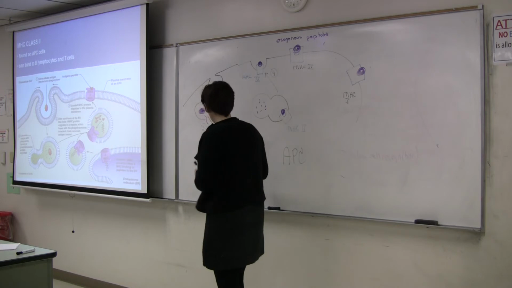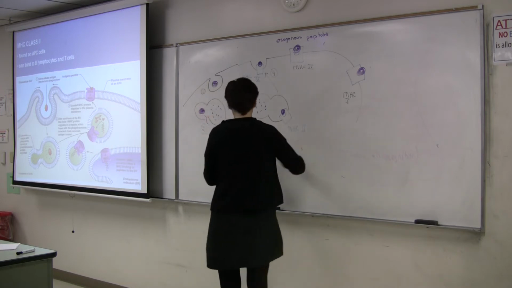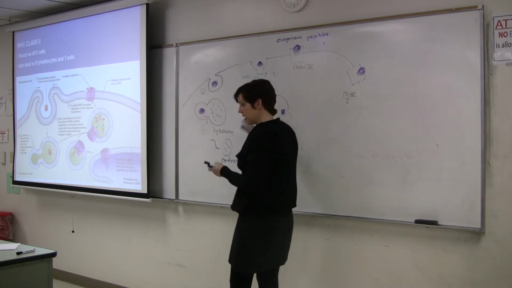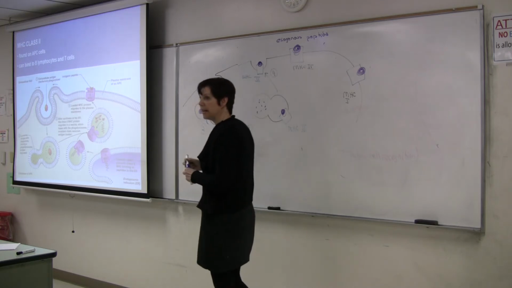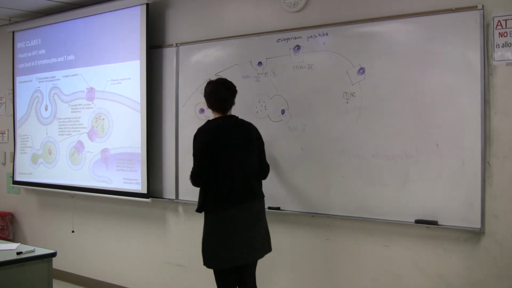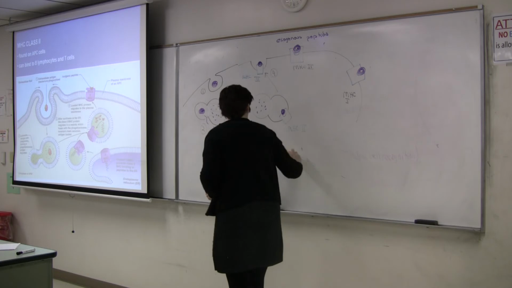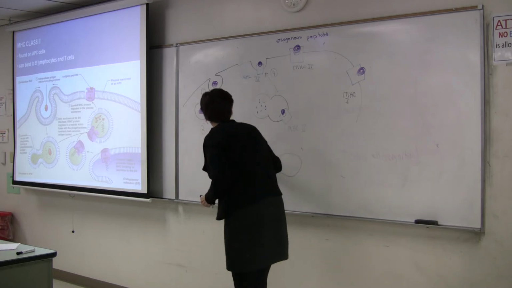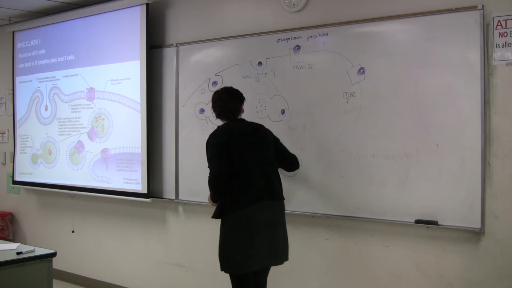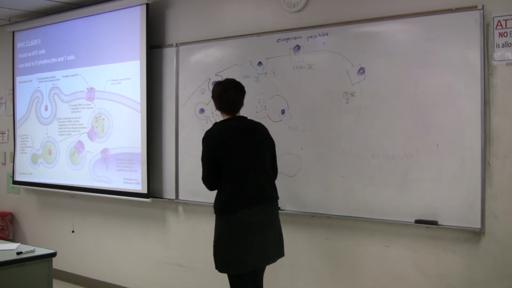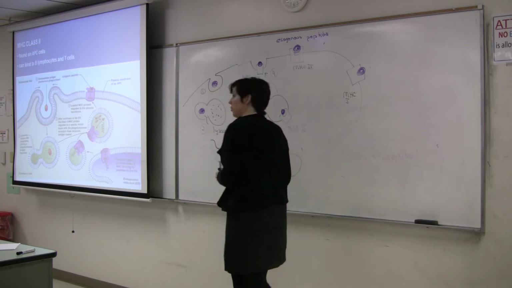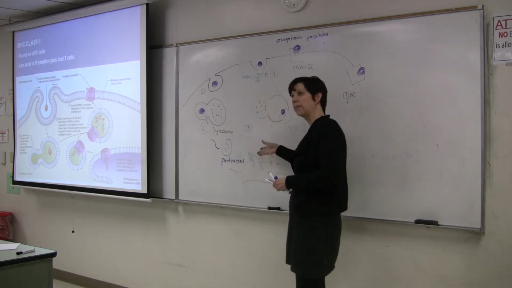But now these smaller pieces don't go to the MHC2. They do the same thing as if they were endogenous. They go through those channels, that TAP channel, and they go into the ER, and they get treated as if they were a normal cytoplasmic protein.